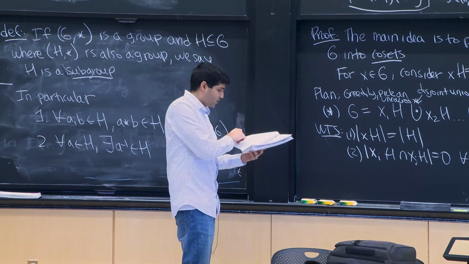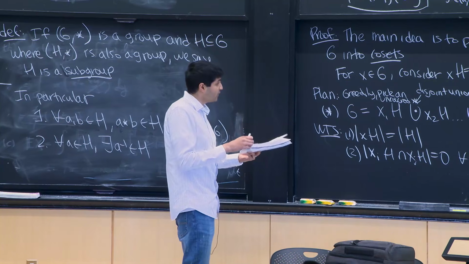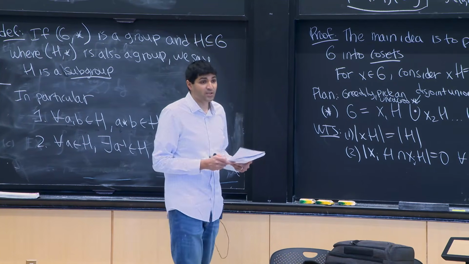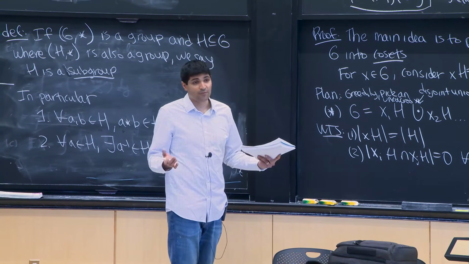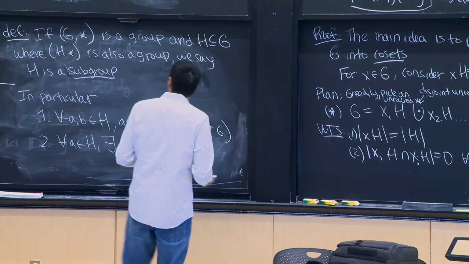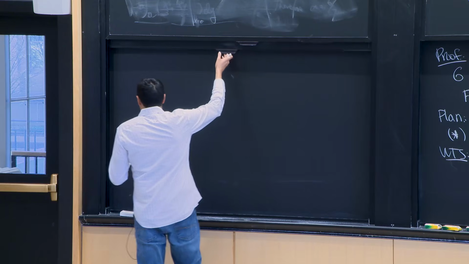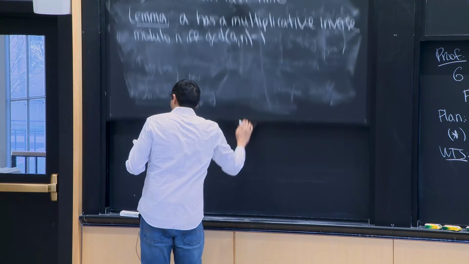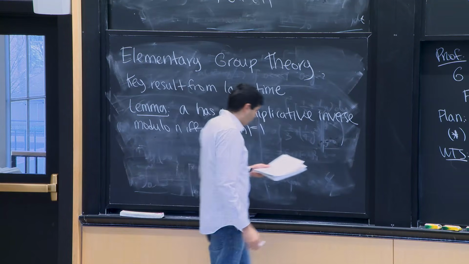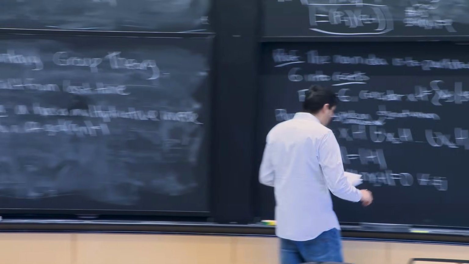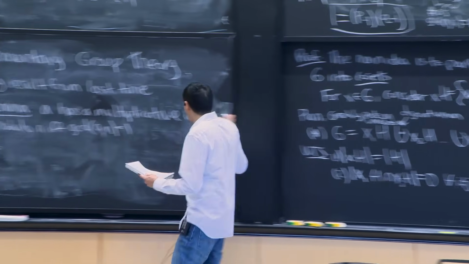All right, now that we've done this hard work of proving Lagrange's theorem, let's see some payoff. So let me tell you some awesome statements that are going to follow as an application of Lagrange's theorem.